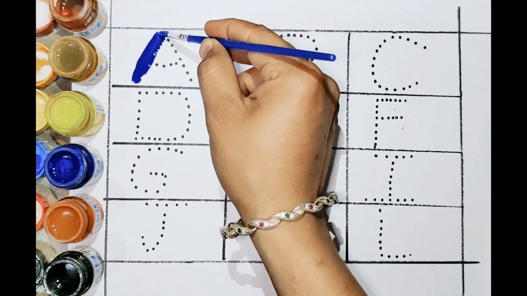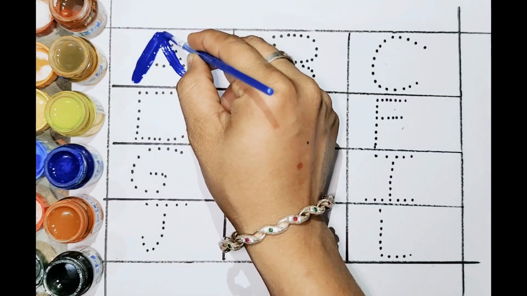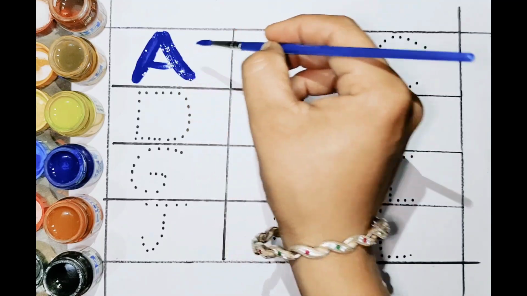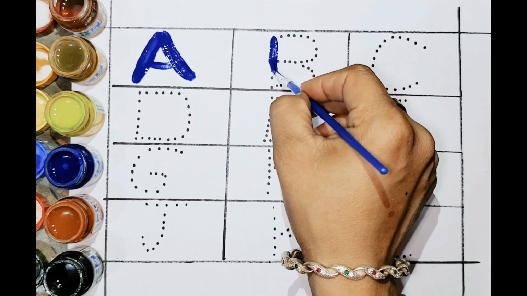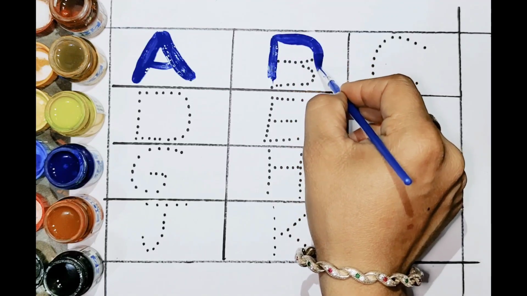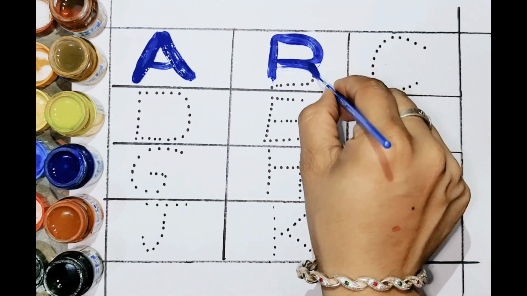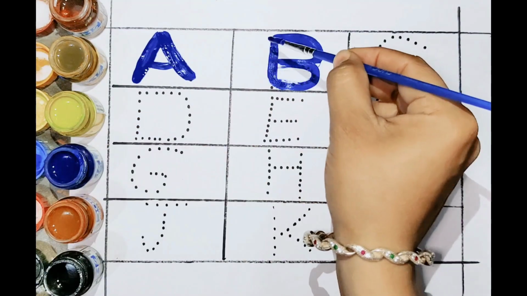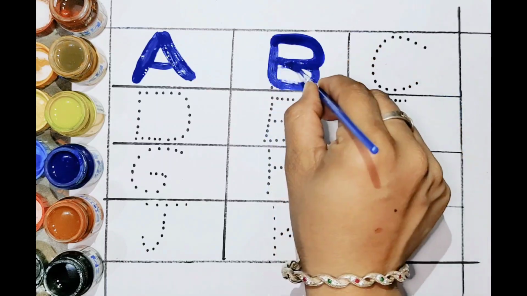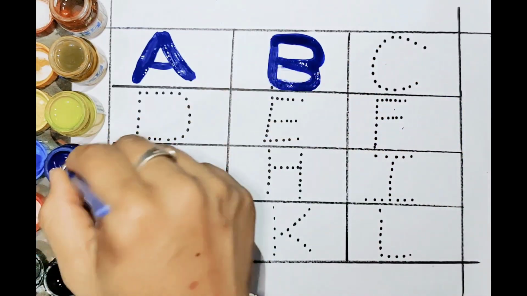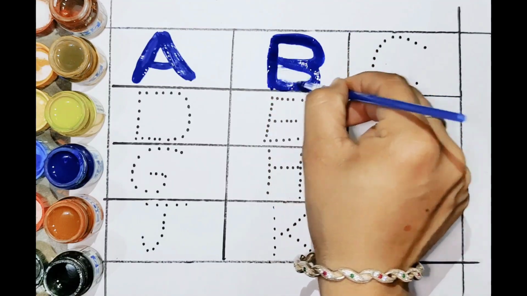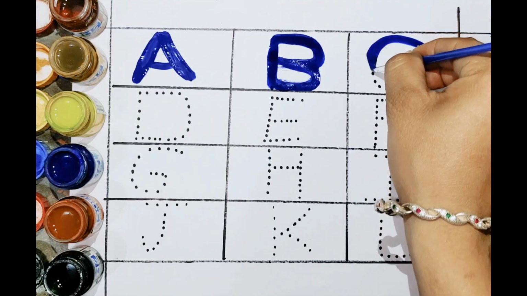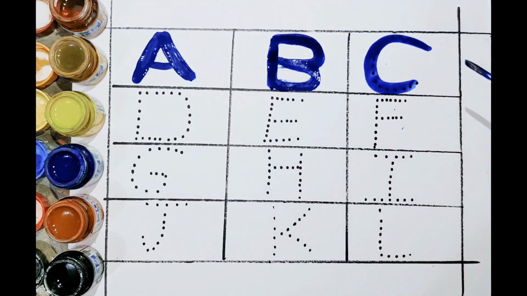A for aeroplane, A for apple. B for ball, B for balloon. C for chair, C for cat.